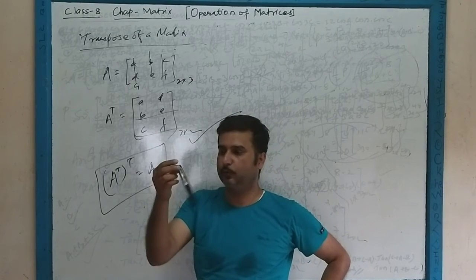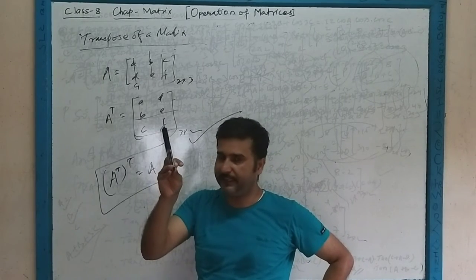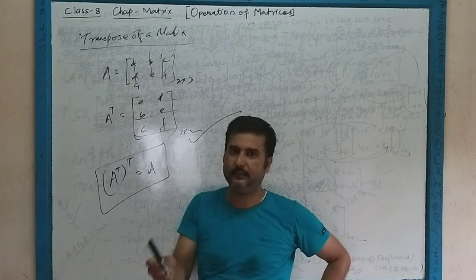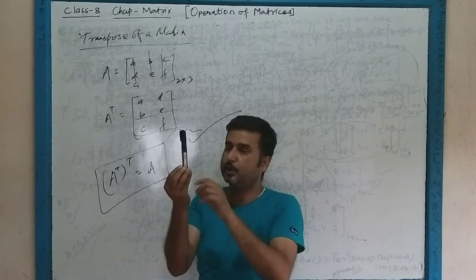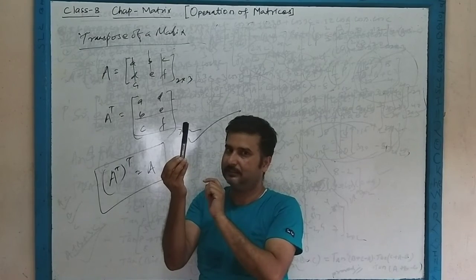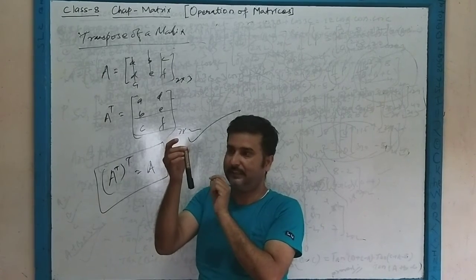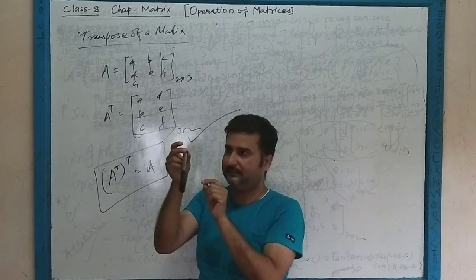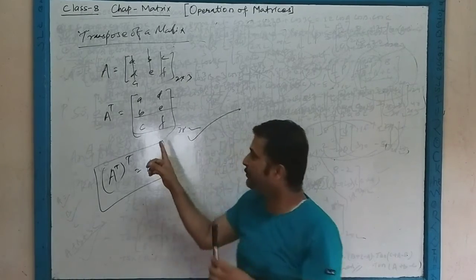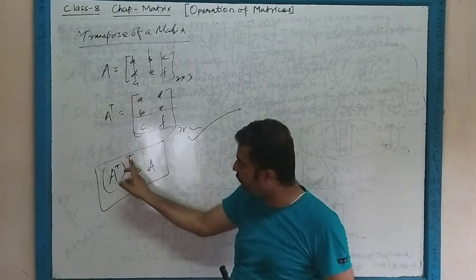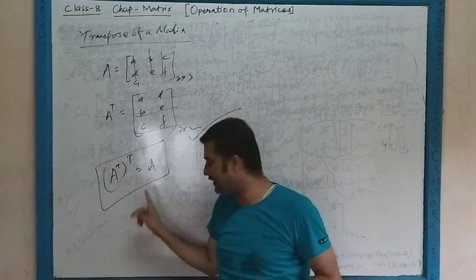Transposed, it is turned over. Again transposed, the marker is again in the upstanding position. In the same way, the transpose of the transpose of any matrix is the matrix itself.